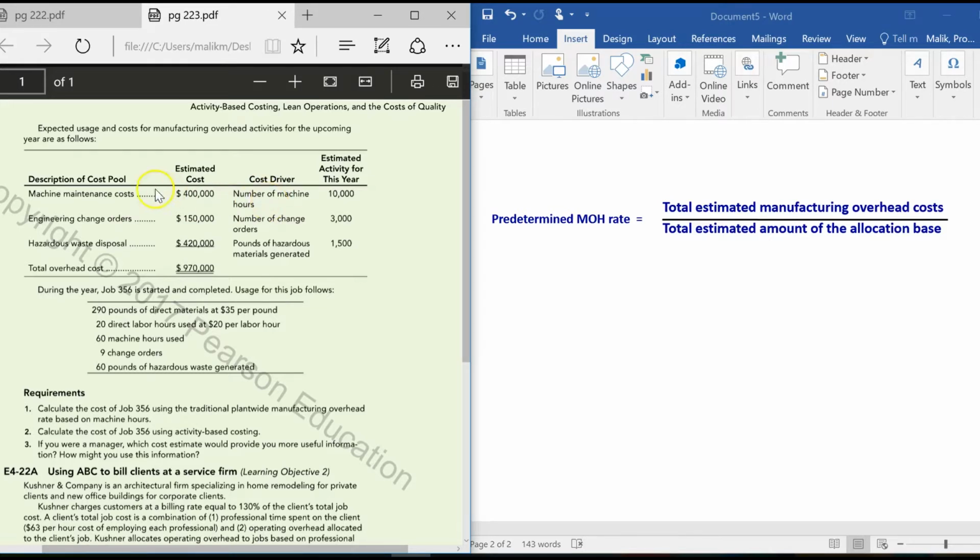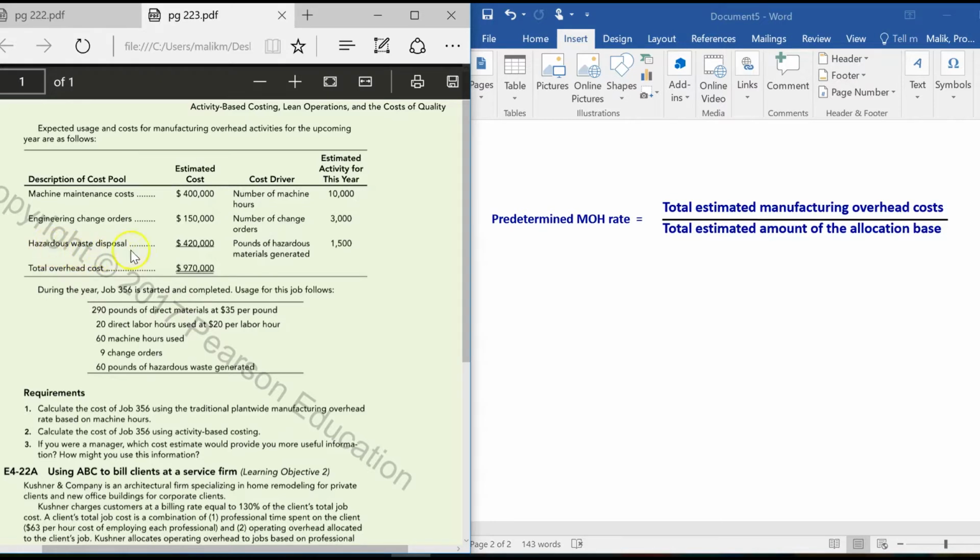For example, for machine maintenance, the cost is driven by how many hours the company runs the machine. For the engineering change orders, the cost is driven by how many times they actually change their orders.